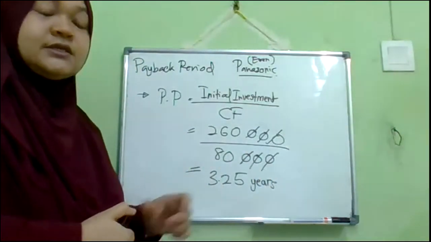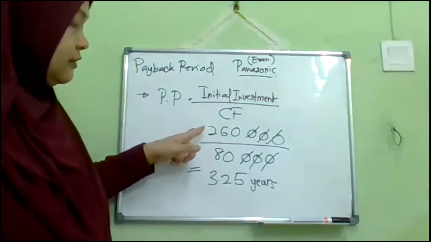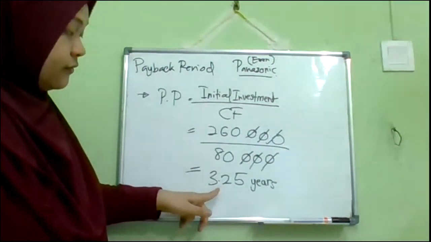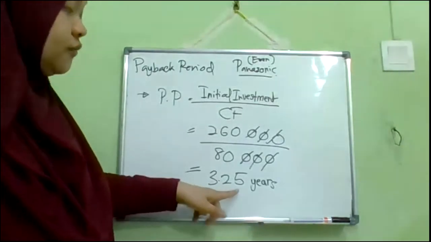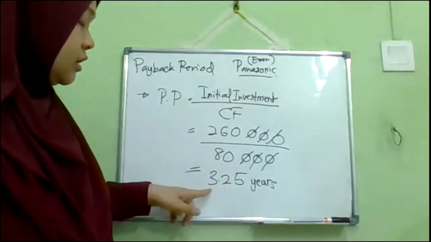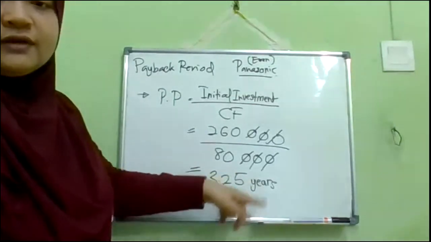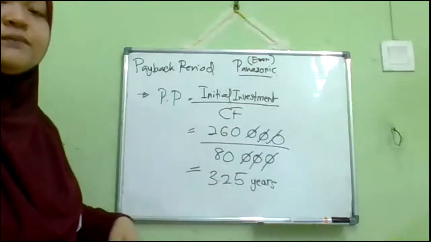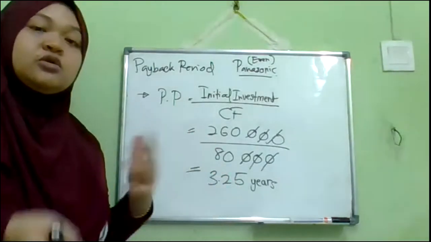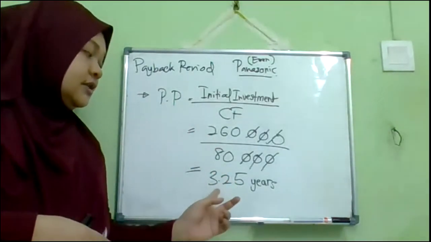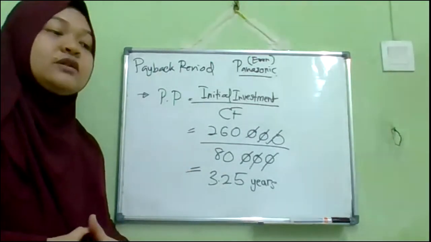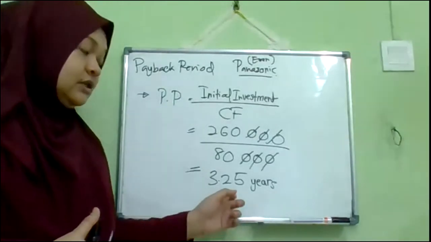So it is expected that all this initial investment will be fully covered in 3.25 years. Basically, how long it takes for Panasonic to break even is 3.25 years. So this is the meaning of it.